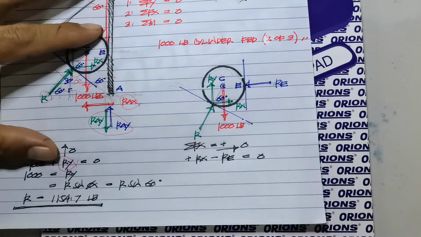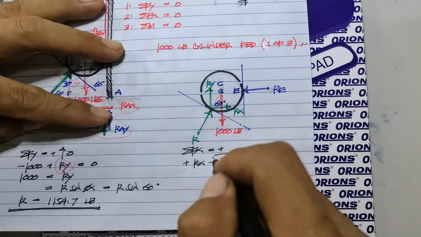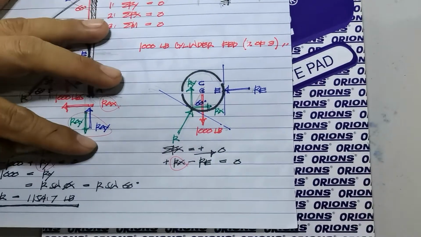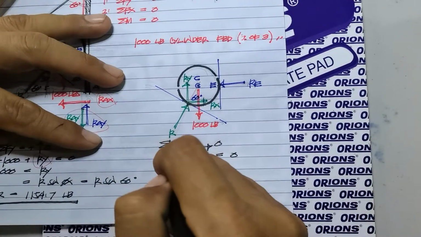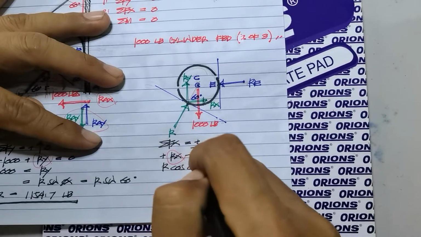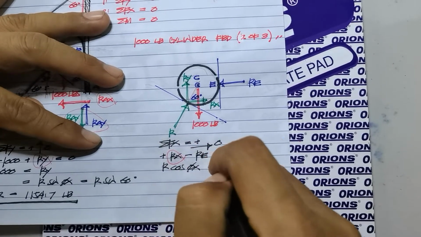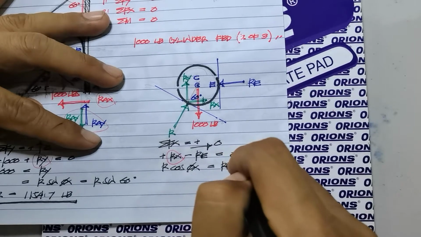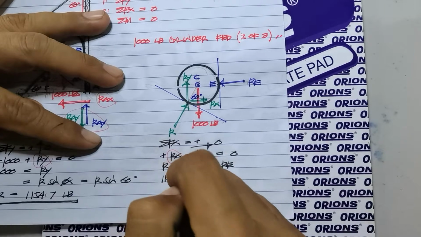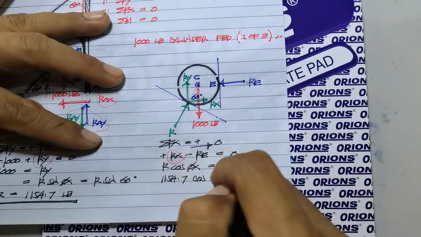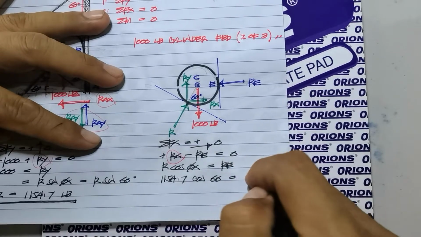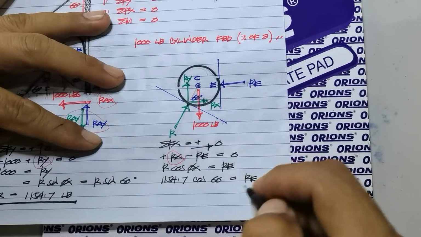Again, breakdown na natin to. Once i-breakdown natin siya, Rx, breakdown na natin siya properly. So, you have R cosine ng theta of x is equivalent to Re. So, you have R value 1154.7 cosine ng 60 is equivalent to Re.